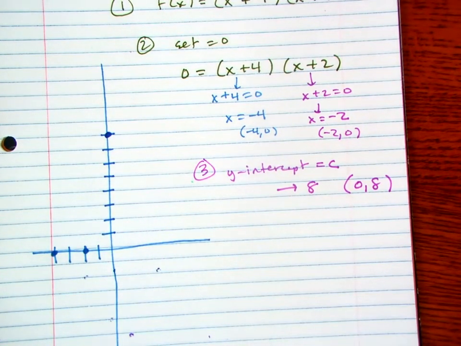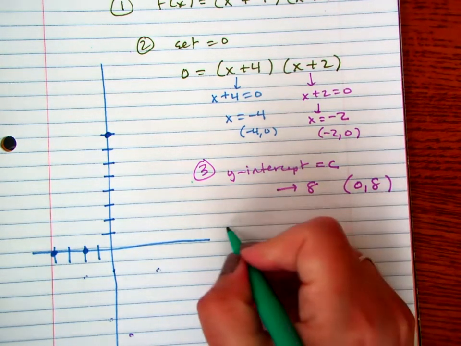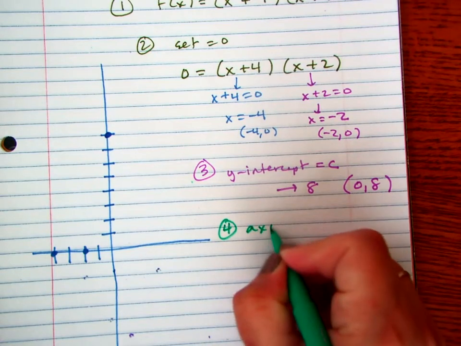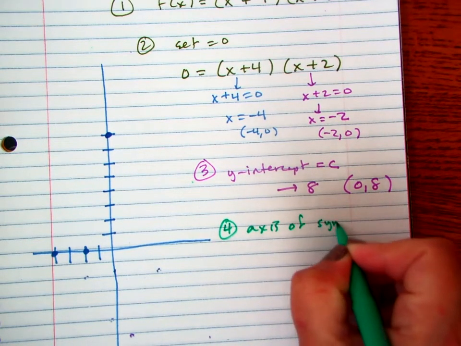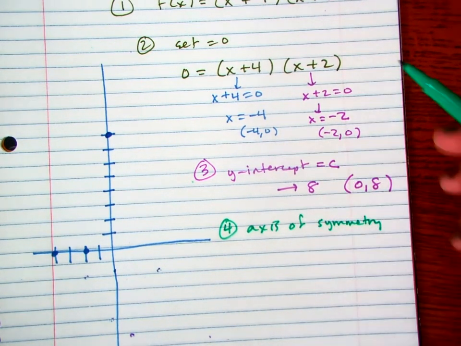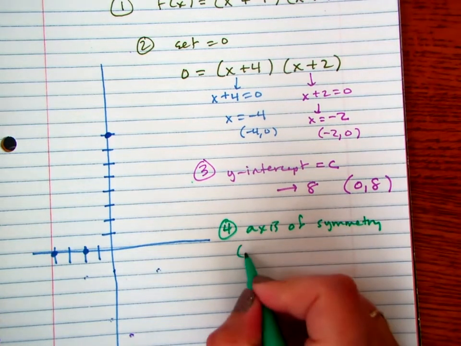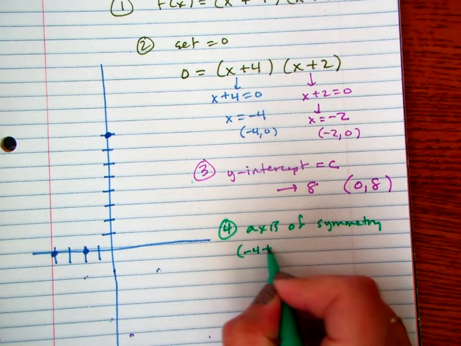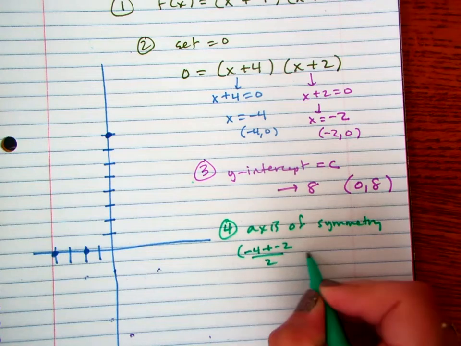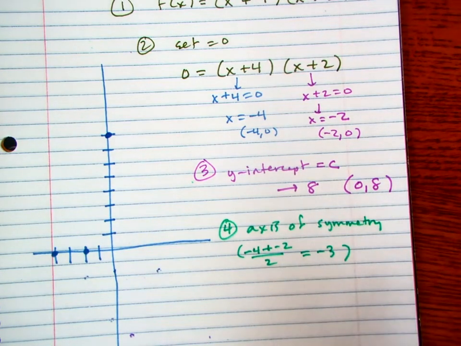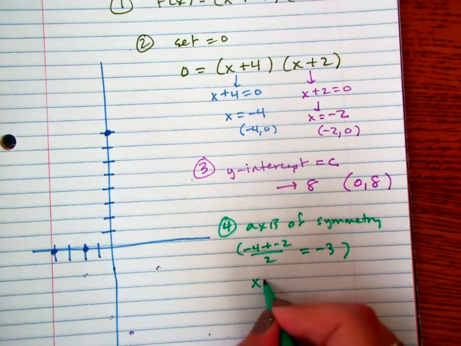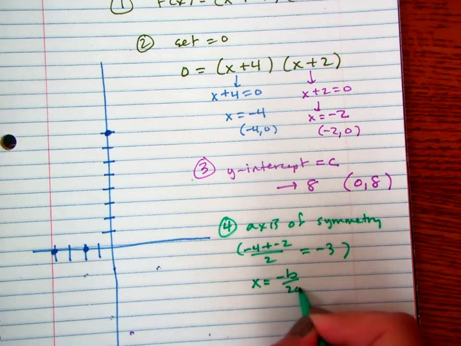Then the next thing I'll do is find my line of symmetry, or my axis of symmetry. I can either just take the average of those two numbers, so negative 4 plus negative 2 over 2, which would be negative 3, or I could use the formula x equals negative b over 2a.